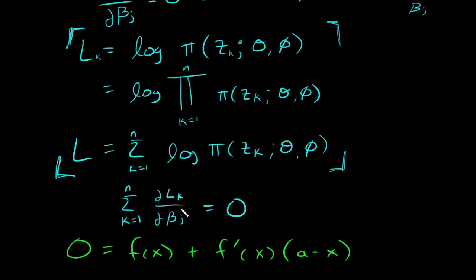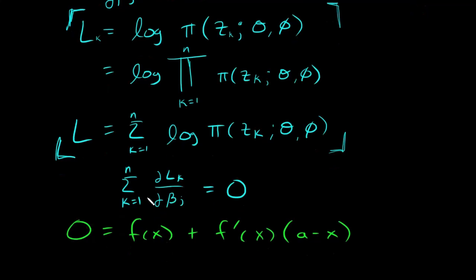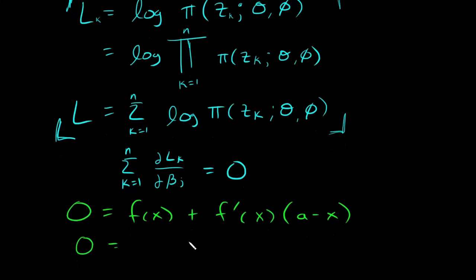Now we have this. We don't have f of x. We have the first derivative. So let's plug that in. So I have this is the function I'm trying to find the root of, and then the derivative of the first derivative would be the second derivative.